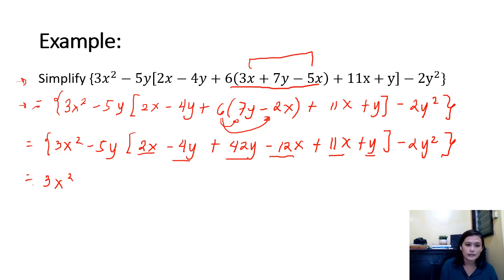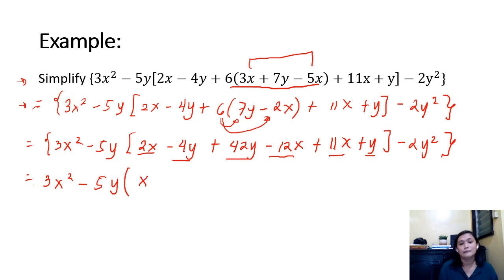So you have 3x squared minus 5y, then the quantity, right? We need to do combining like terms inside this parenthesis. So you have 2x minus 12x, that is equal to negative 10x, right? Negative 12x plus 2x. So you have negative 10x plus 11x, so you will get x.